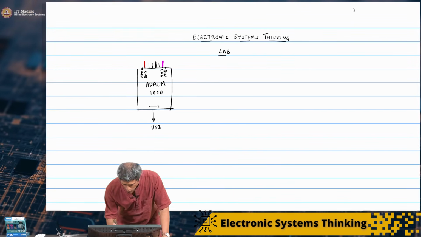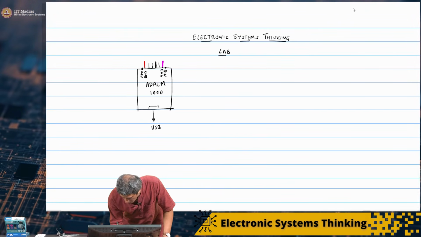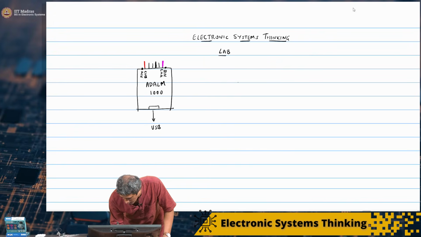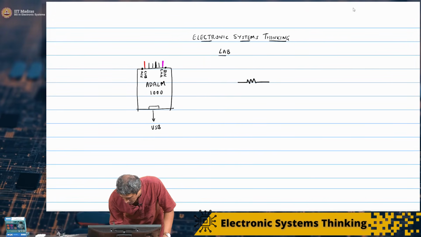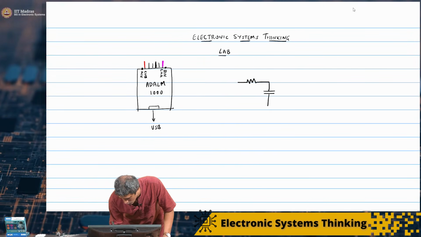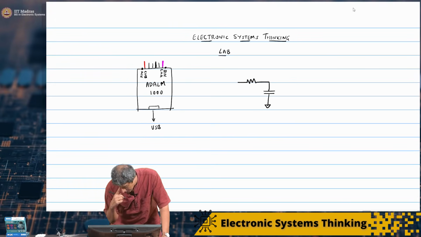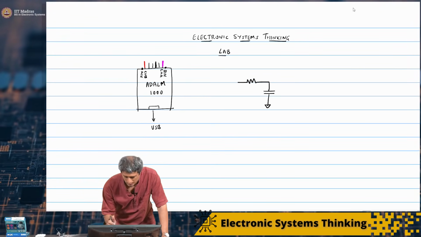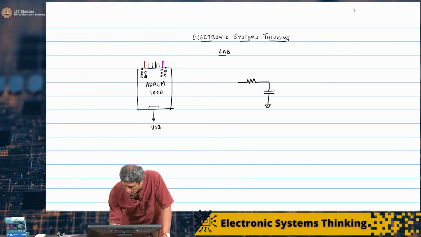So what we want to do now is, on this breadboard we want to connect a resistor and a capacitor like this. The resistor and capacitor have been chosen so that the cutoff frequency is approximately 1 kilohertz.